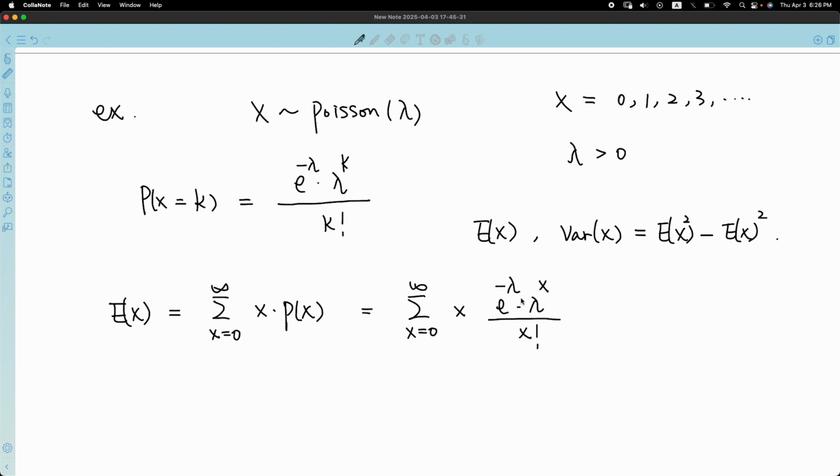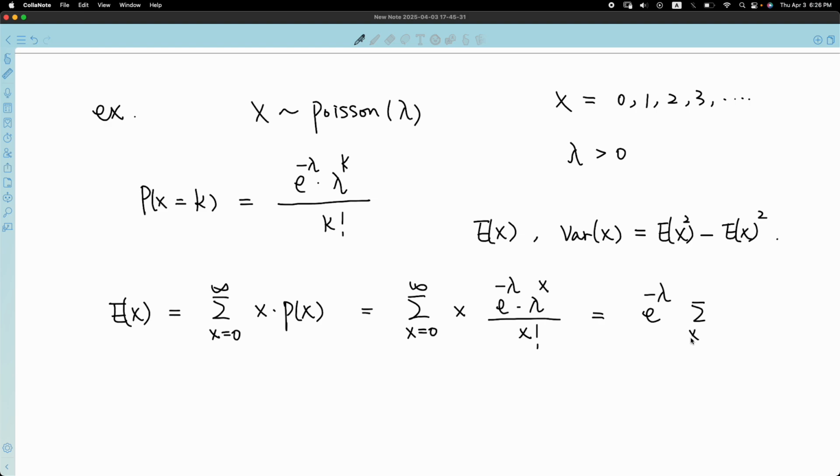Everything involving k is just back to x, as I use x for the realization here. Just keep in mind that the random variable is x, so whatever is not x can be considered a constant. For example, you can bring out the e raised to the power of negative lambda in the front. That's a constant term.